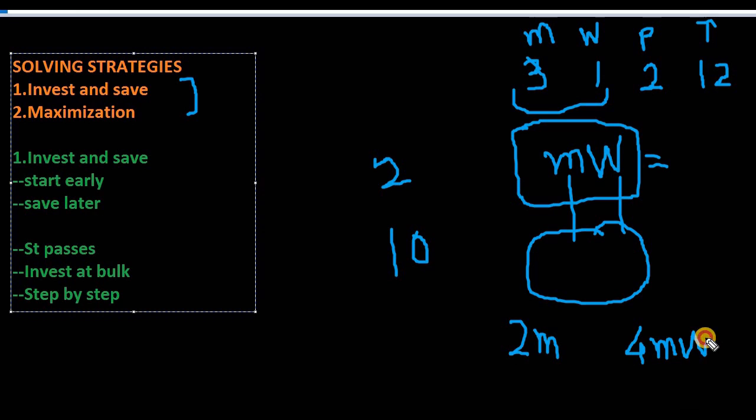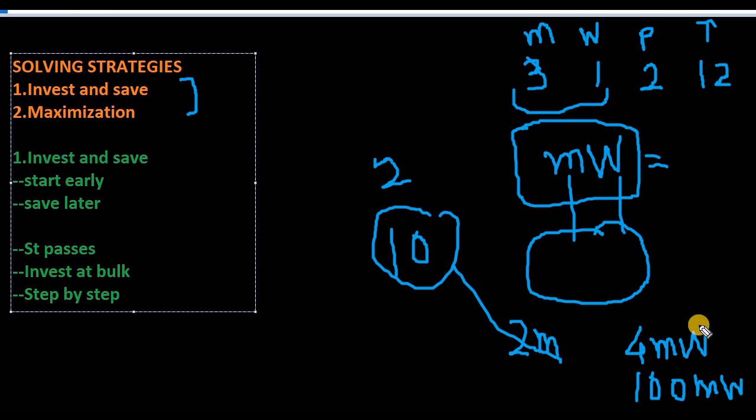However, if I chose to go with 10, that particular result would be 10 and again 10, so this will be 100 MW, and here MW simply represents the number of candies, right? So you see, if we invest, let's say 2, the result would be 4. But if instead we invest high in the early stages, the result will be high, and this will be carried forward to the later stages. I hope you got the logic of investing early and then saving in the later part.